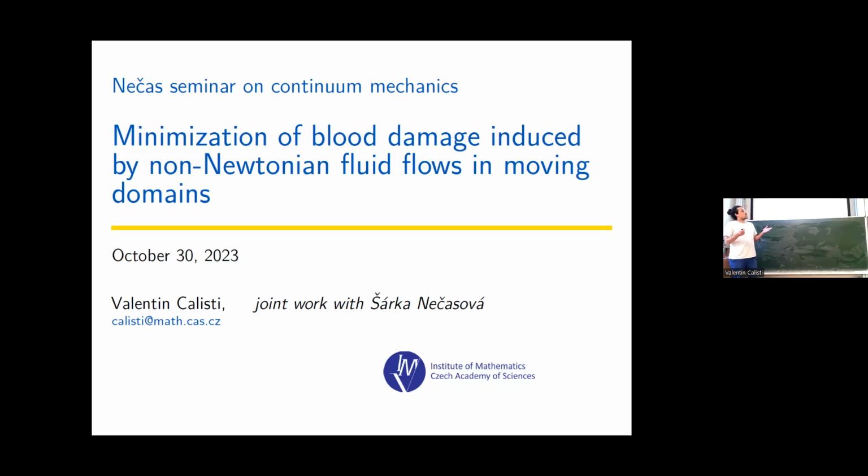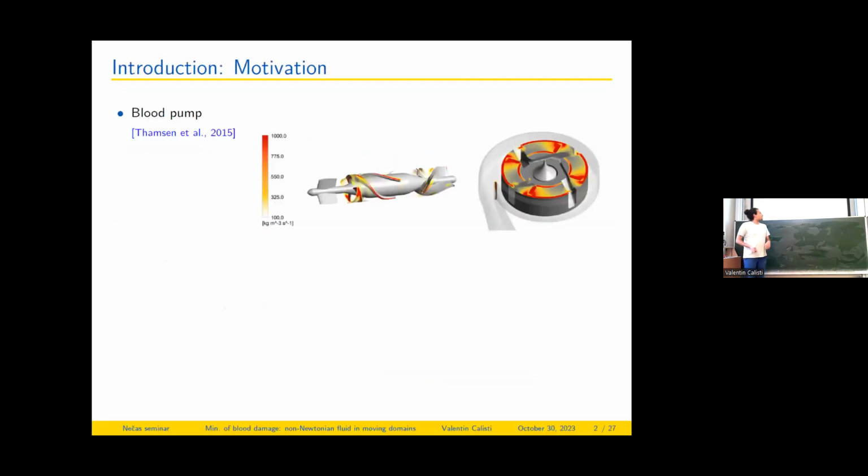What we are doing is what is called PDE constrained shape optimization. It means that the shape functional will depend on the shape through the solution of a PDE, which depends on the domain. And in our case, the PDE is supposed to model some blood damage problem.